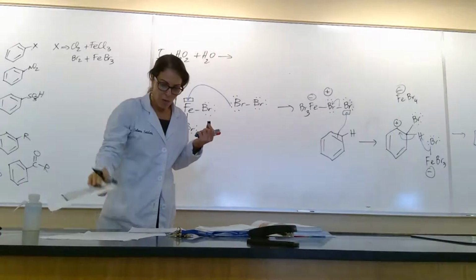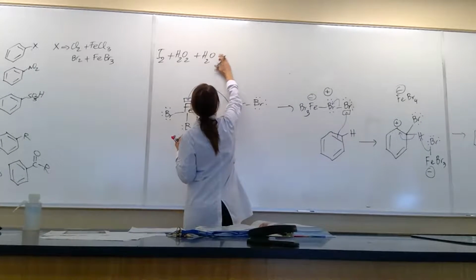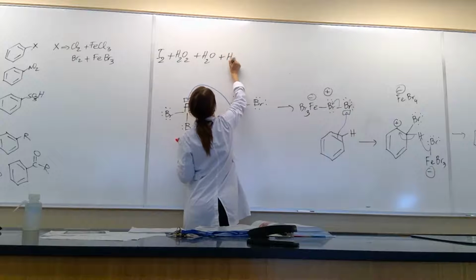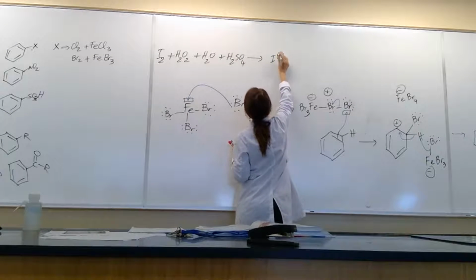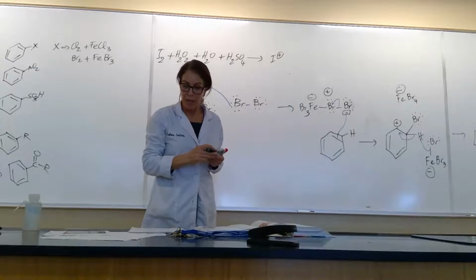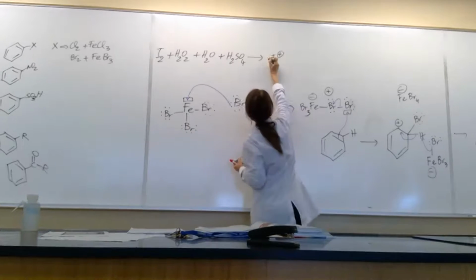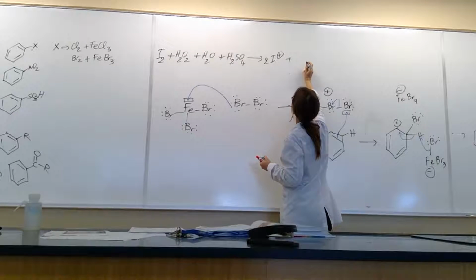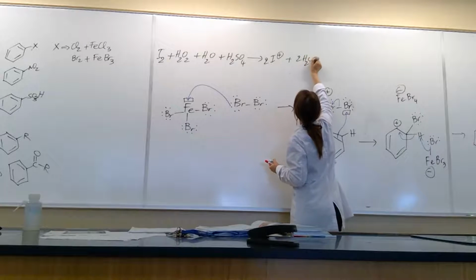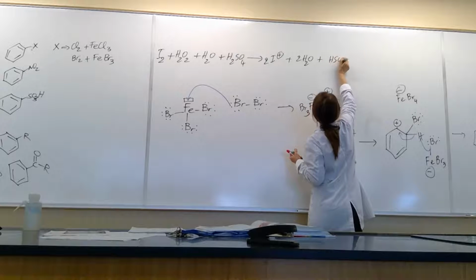And you don't need to know all the mechanisms. You have water and you have sulfuric acid. So that's going to give you I+. The only way iodine will let go of its electron is with this. You get 2I+ plus 2H2O plus HSO4 minus.